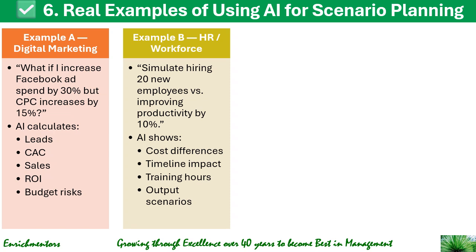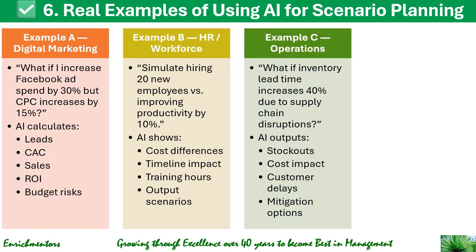AI will show you the differences in cost, impact on timelines, training hours, and output scenario. The third example is operations, in which you could simply say, what if the inventory lead time increases 40% due to supply chain disruptions? AI will output the level of stock-outs, the impact on cost, delays to customers, and what your mitigation options are. That's the most important.